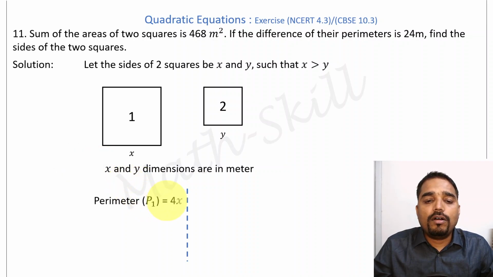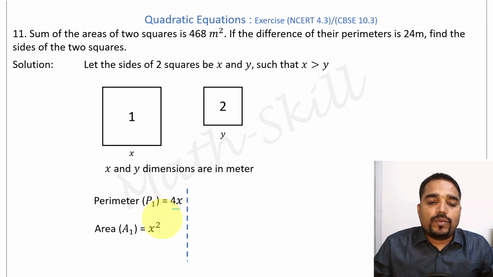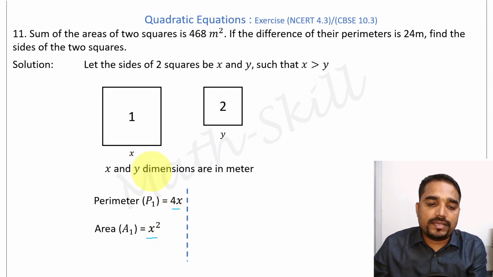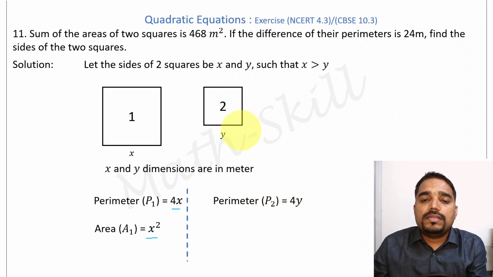Perimeter P1 of the first square is 4x meters and area of the first square is x square. Similarly, perimeter P2 of the second square is 4y meters and area A2 is y square. So here we have applied perimeter and area formulae to both the squares.